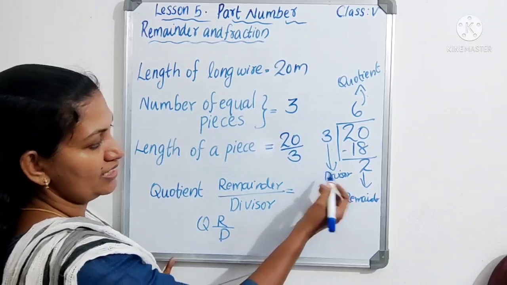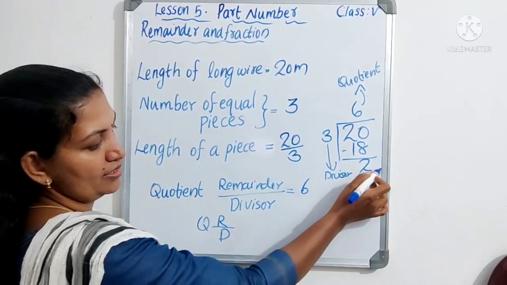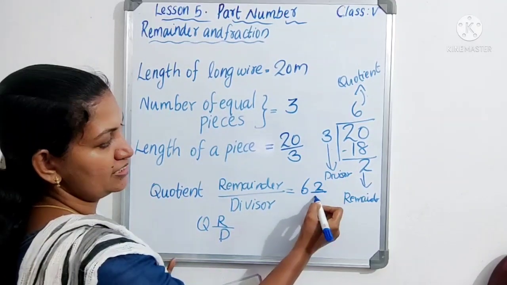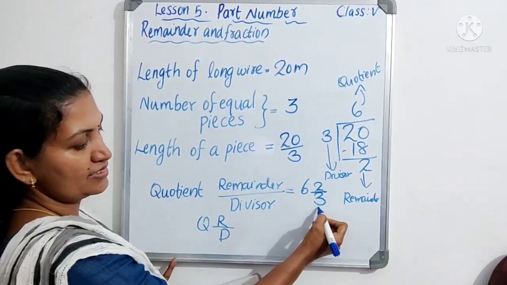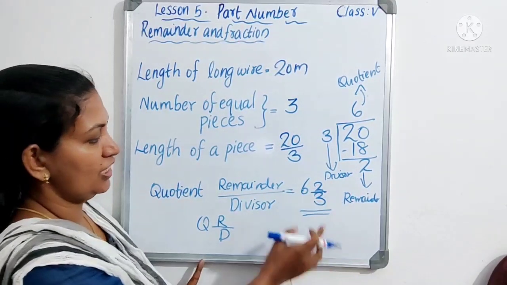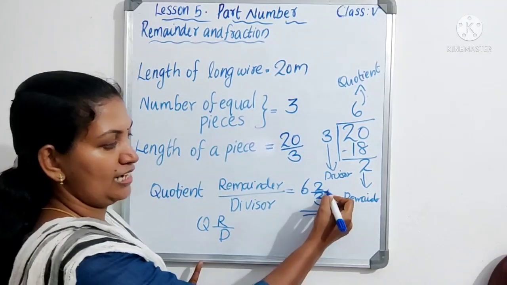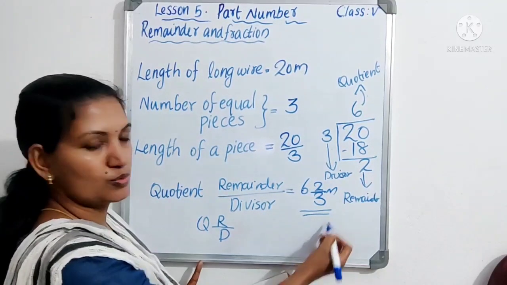Then how can you write? That is, quotient is 6 and remainder is 2 and divisor is 3. Okay, so what did we get? 6 2 by 3. The length of a piece is 6 2 by 3 meter.